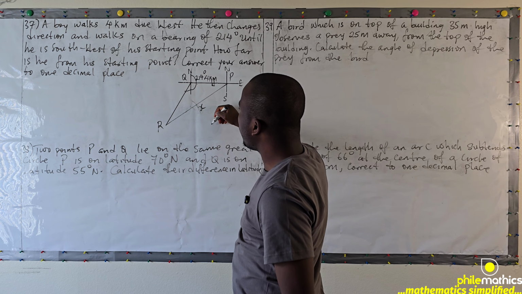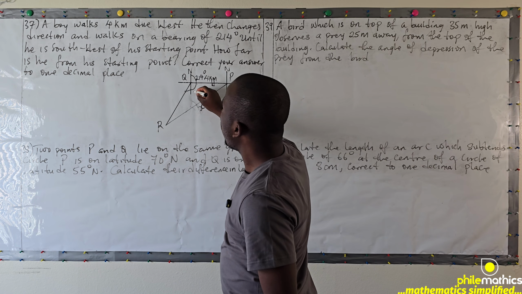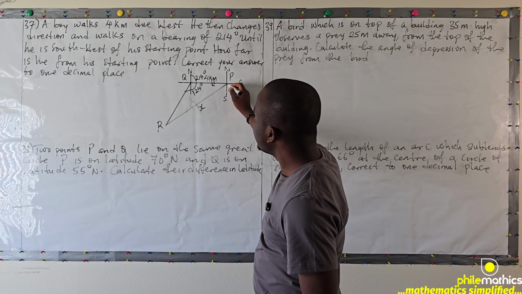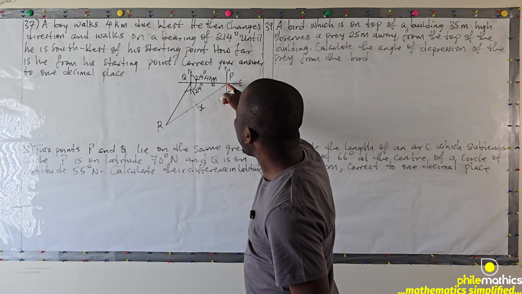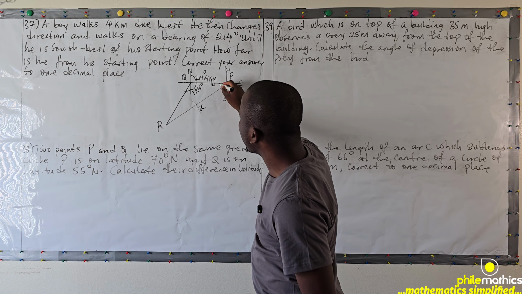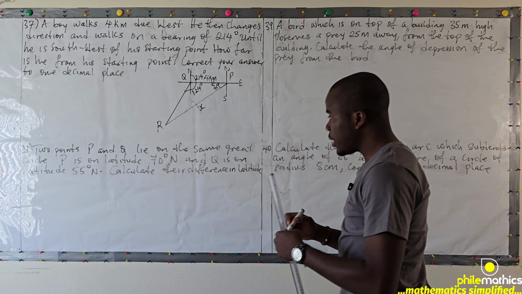And 214 minus 90 will be 124 degrees. And since he is directly southwest from his starting point, from here to this is 45 degrees, because that is where southwest is.